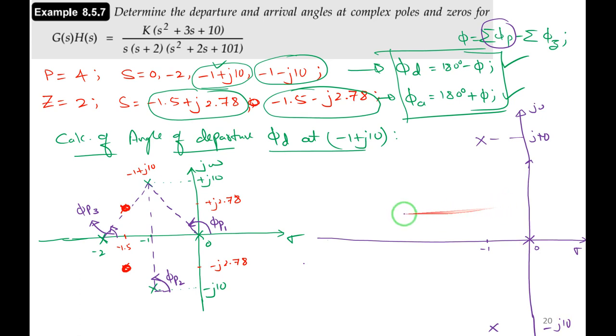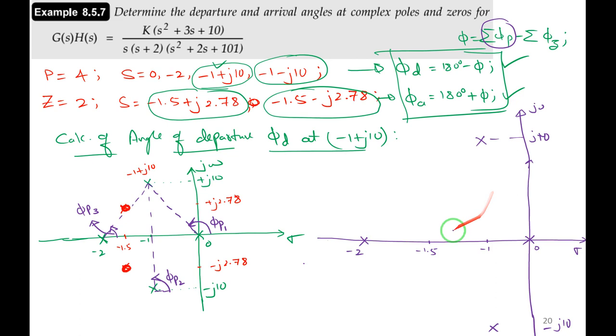Then another at minus 2. Let me take this minus 2 somewhere far, so that it will be easy for me. And minus 1.5 I'll take here. Okay, poles are fine.